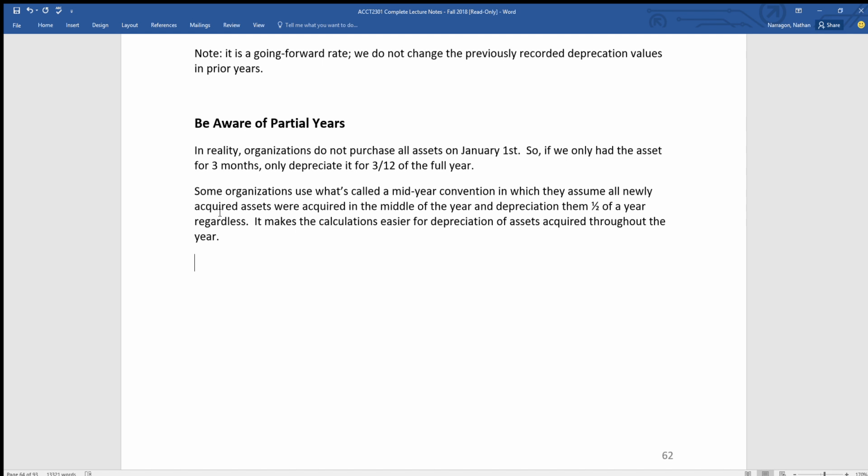So sometimes this helps, sometimes it doesn't, but it does make it a little bit easier for depreciation. You just have to declare that to the investors that all assets are recorded as mid-year. So basically half of the depreciation would be in the first year, but you do again have to watch out for dates.